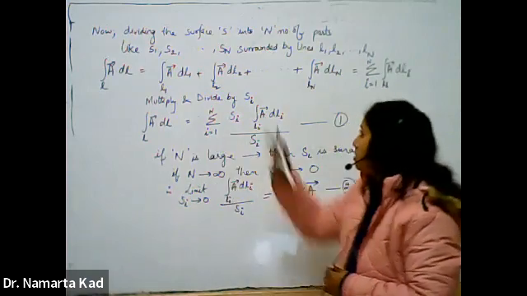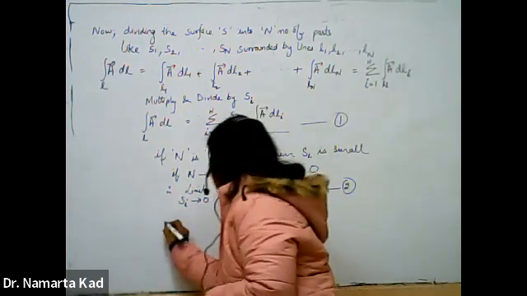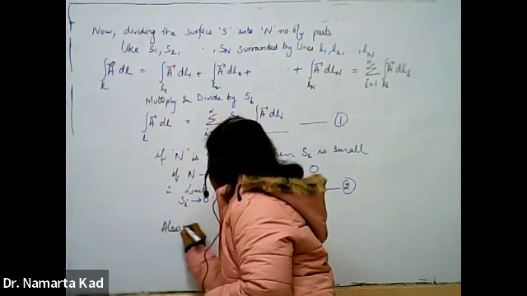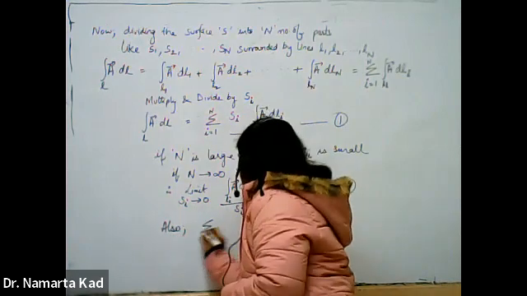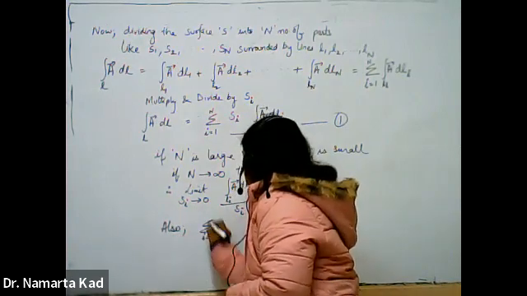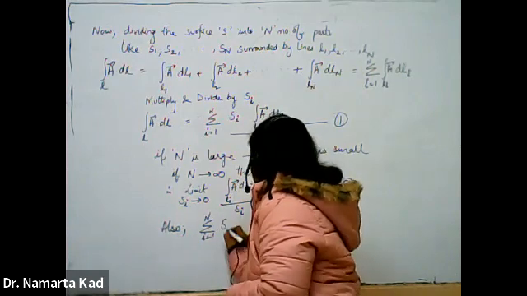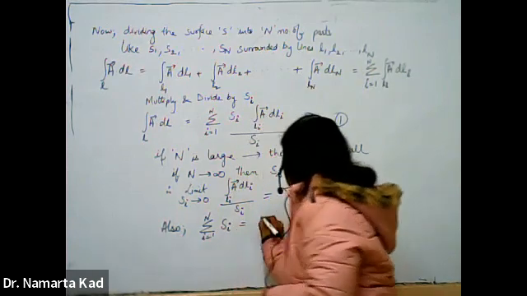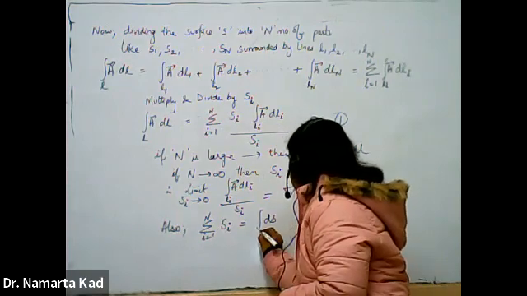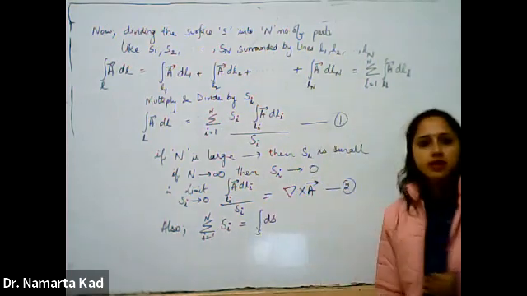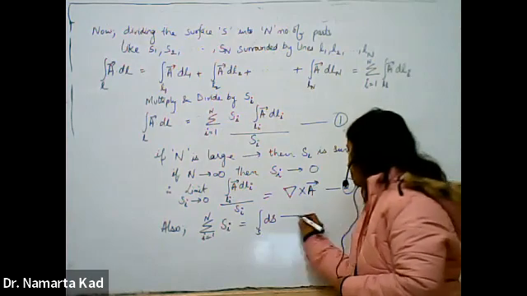So this is also equal to the summation of i equals 1 to n of Si, which is the surface integral ds. Mark this as equation number 3.